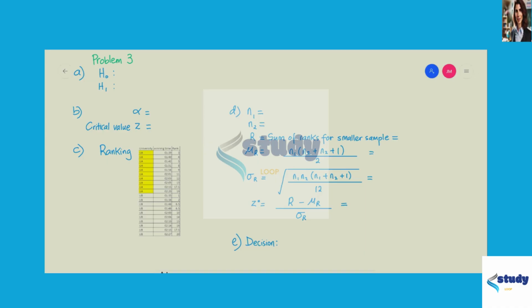And here the null hypothesis is that there is no difference in skating times between universities.